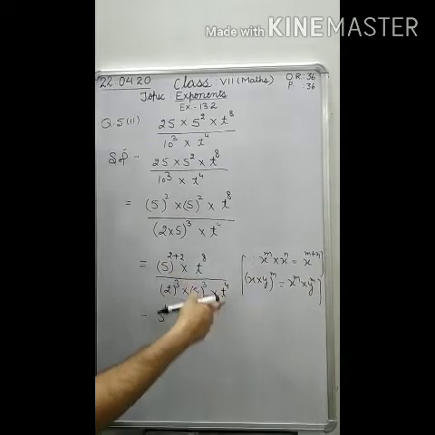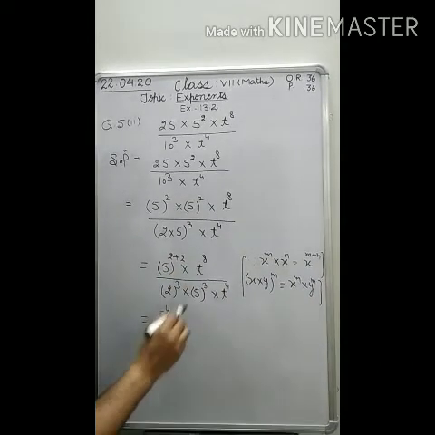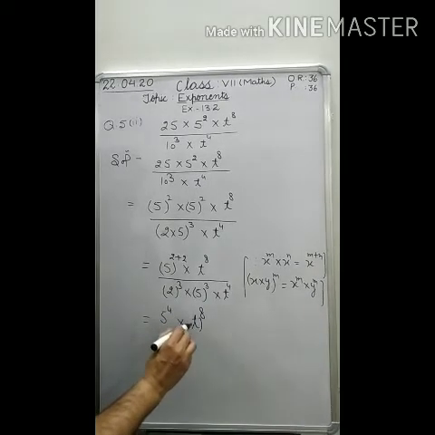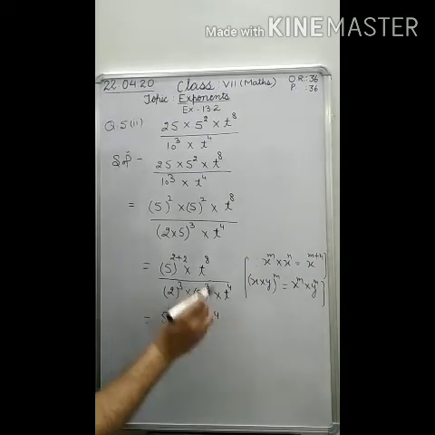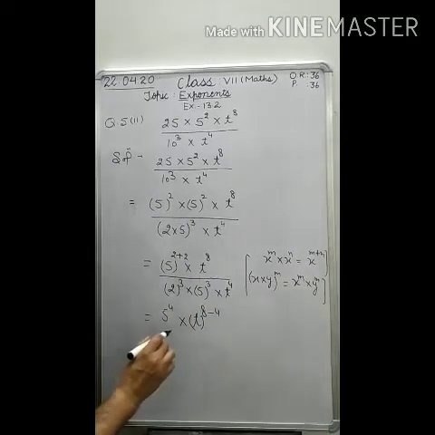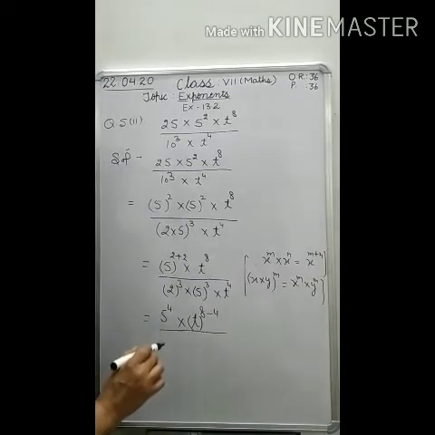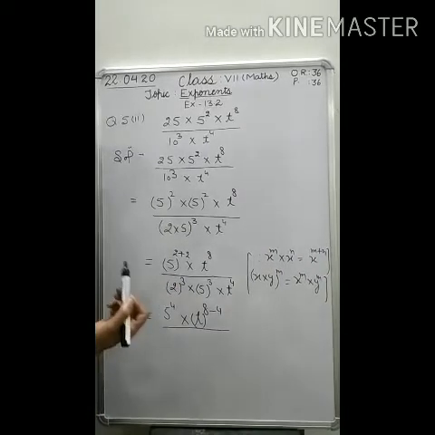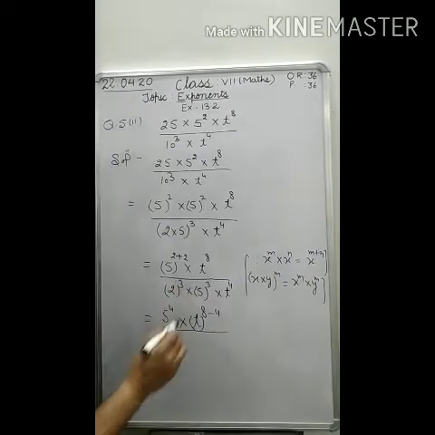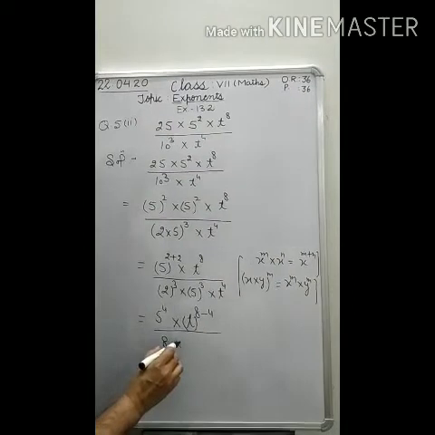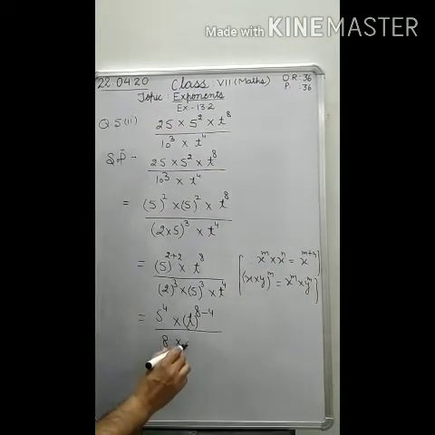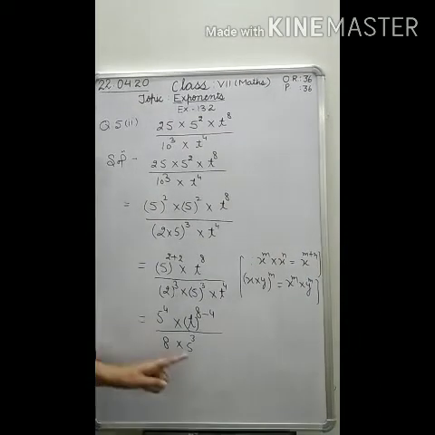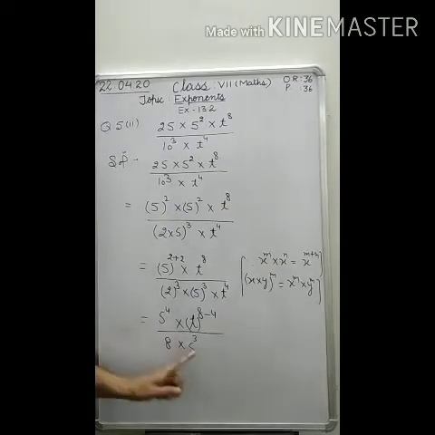Here you will apply the identity: t will become t raised to the power 8 minus 4, upper power minus lower power, upon downside it is 2 raised to the power 3, because upside there is no 2. So it will be 8 into 5 raised to the power 3 as it is. Now here just solve these two. Here the bases are the same, so these powers will be subtracted.